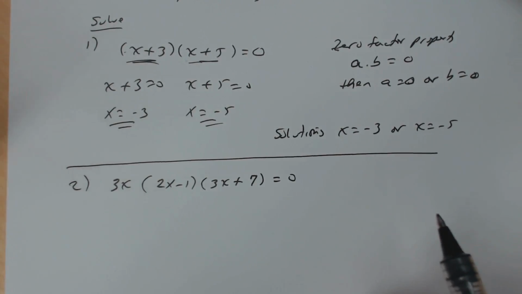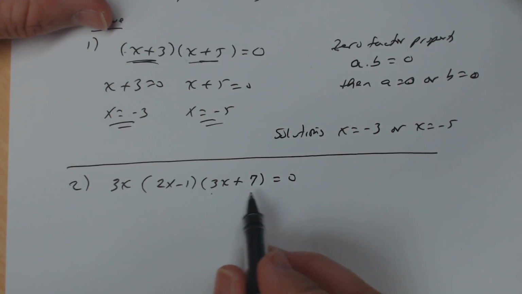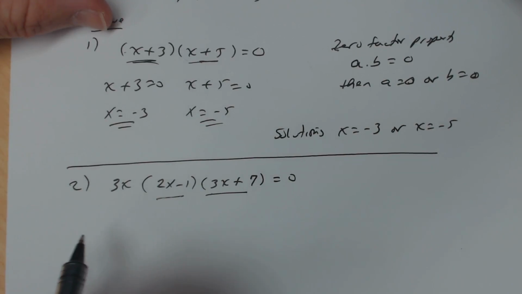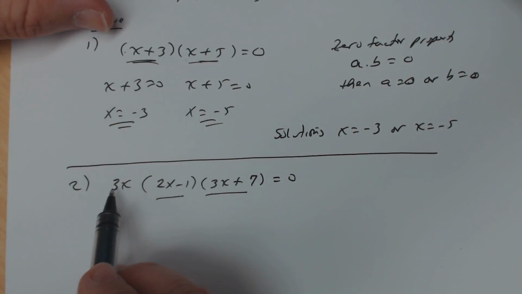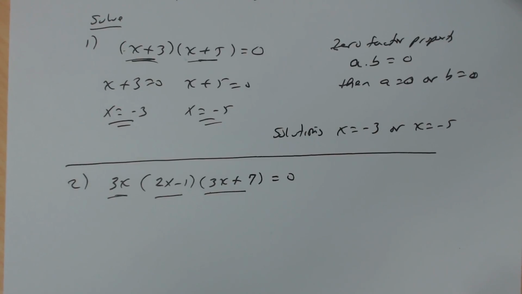And the zero factor property says that if you have two or more factors whose product is 0, then one of these factors has to be 0. Now, right here, this is really two factors, 3 times x, so 3 is a factor, x is a factor, but many individuals just go ahead and put this together, and it's fine.